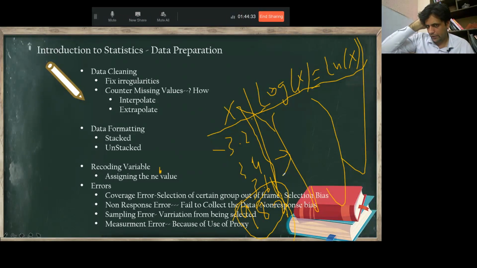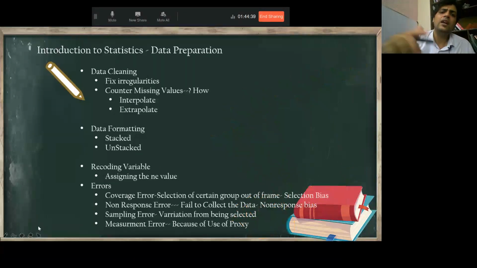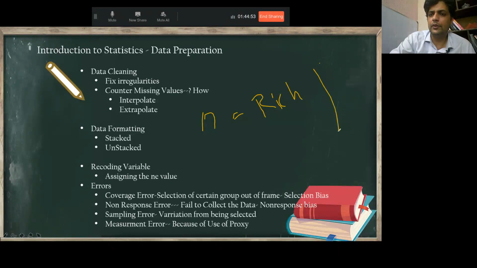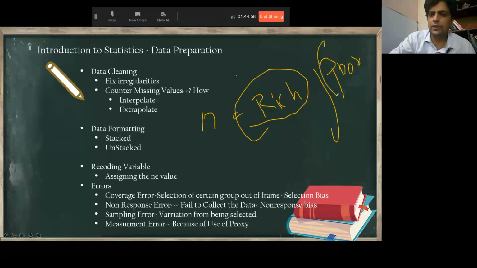So assigning the values. Similarly, I can say I need data from students who are rich only, right? So I will divide my population by my n into rich students and poor students. So rich students with good marks, poor students with good marks.